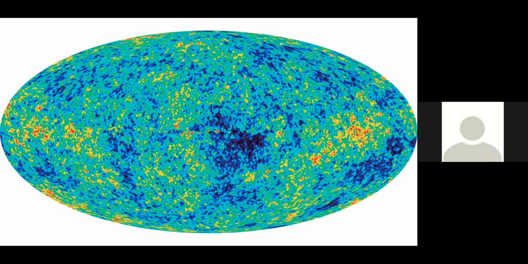So light couldn't escape. And instead, it was interacting very heavily with the matter. It was tightly coupled to it. And that stopped the matter from contracting. It kept it very evenly spread. It couldn't start collapsing and forming galaxies.